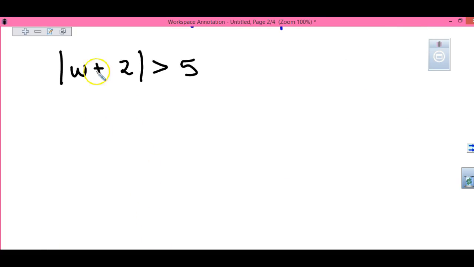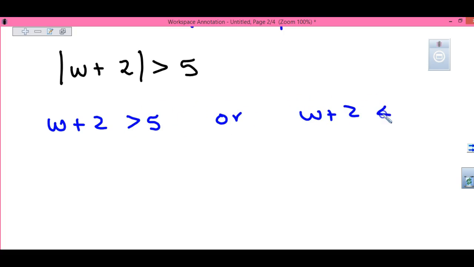If we have to solve the absolute value of w plus 2 is greater than 5, will this be an or or an and? Or. So we can say w plus 2 is greater than 5, or w plus 2 is less than negative 5. And we solve each of these.